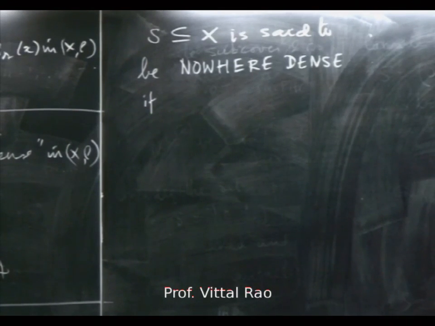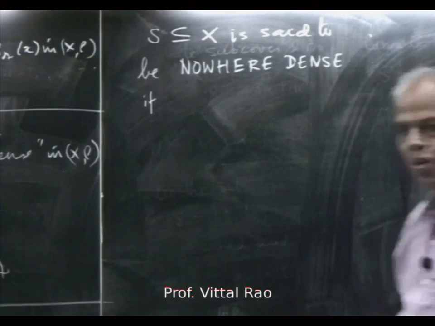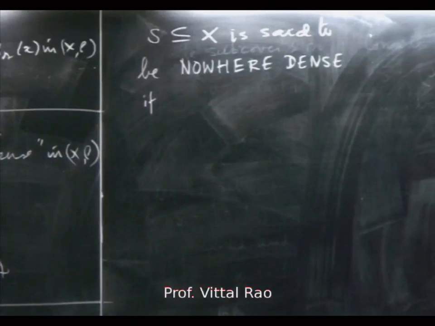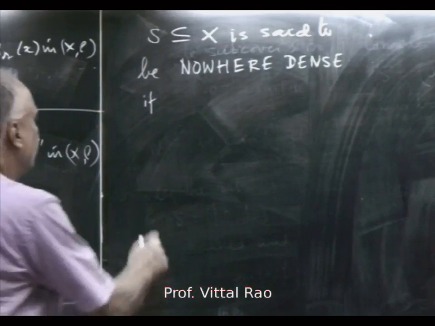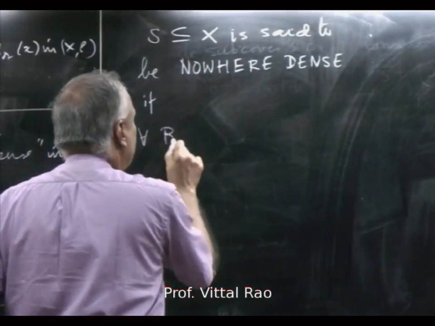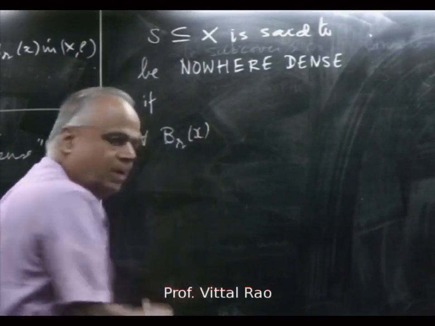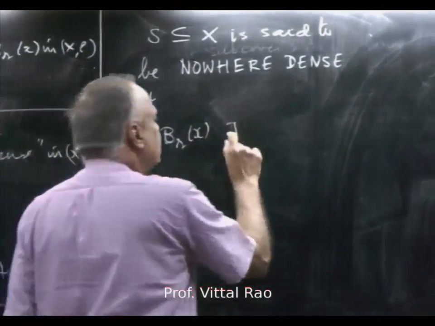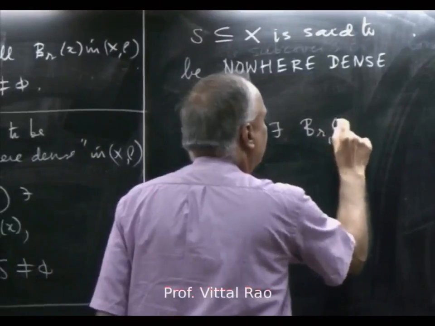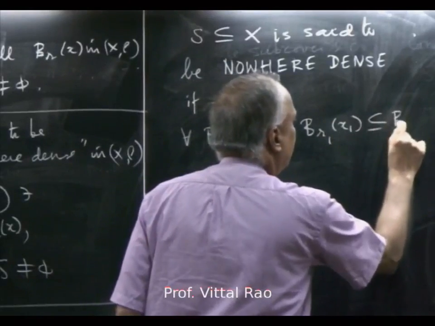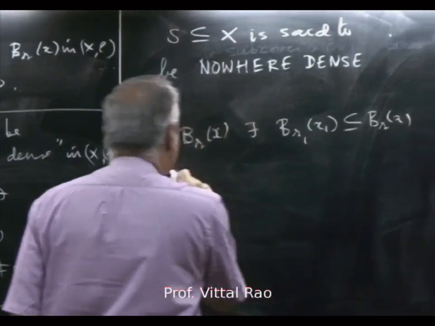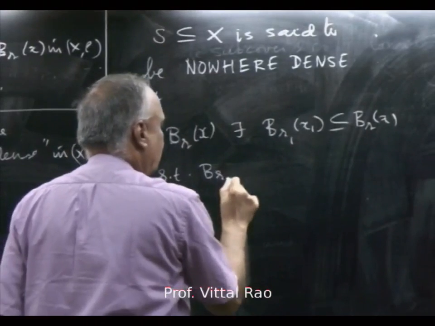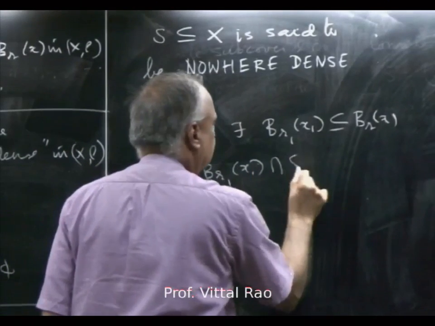That is what is meant by nowhere dense. That is, wherever you go, you can avoid them. So if for every B(r, x), wherever you go, there exists a B(r1, x1) in B(r, x) such that B(r1, x1) intersection S is empty.